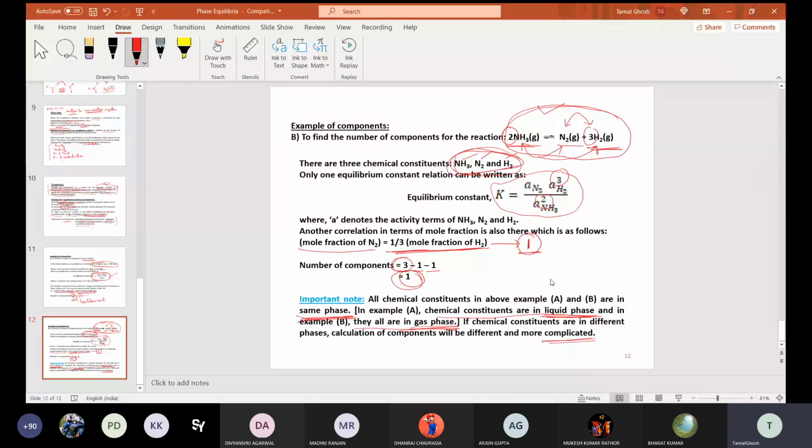And the second thing was how many equilibrium constant correlations you can write with those chemical constituents. So here only one equilibrium constant relation we can write.